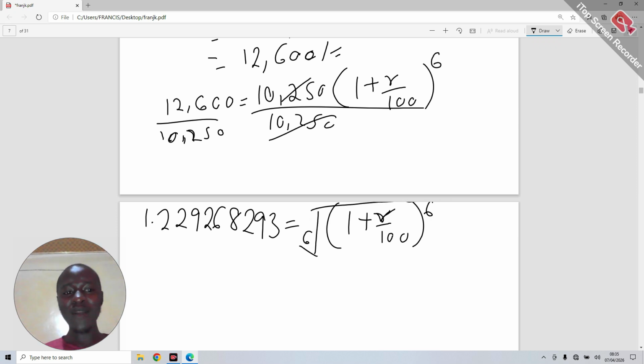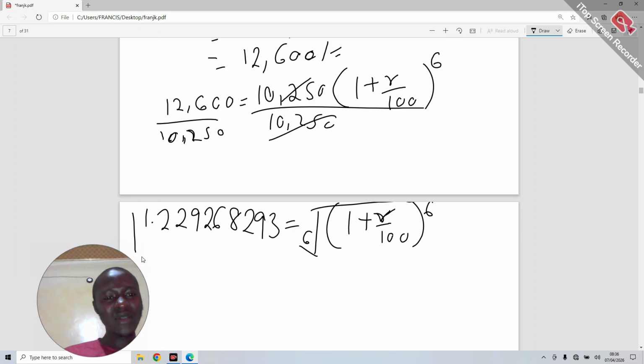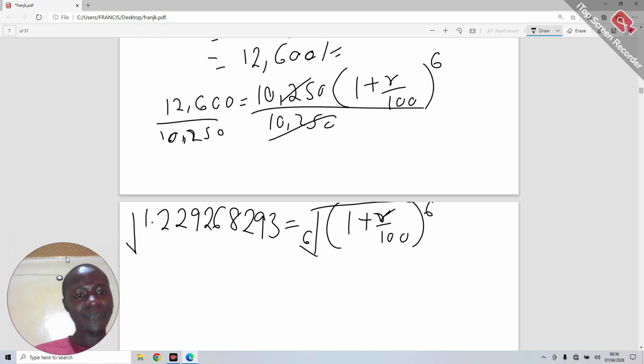Remember, back in further logarithm, we discussed something to do with the root. So get the sixth root of this.